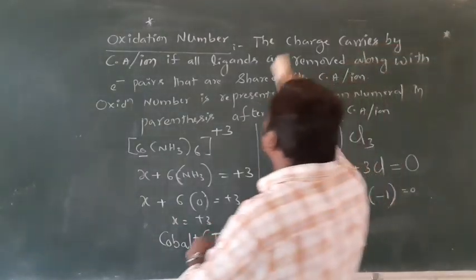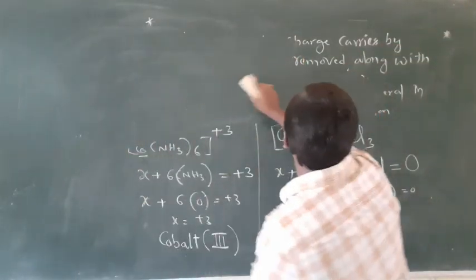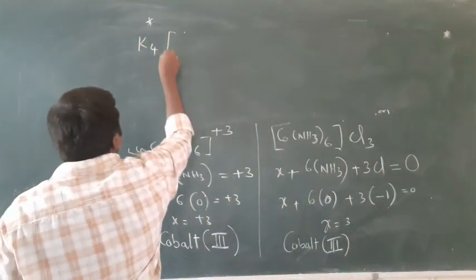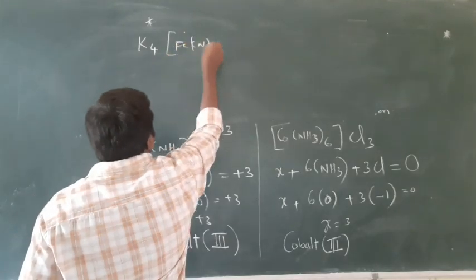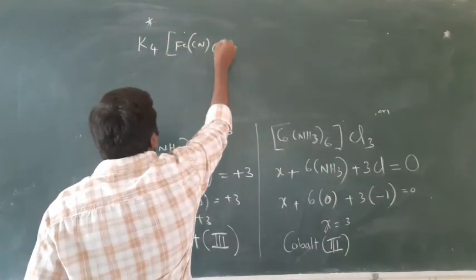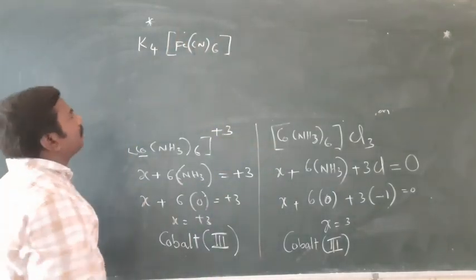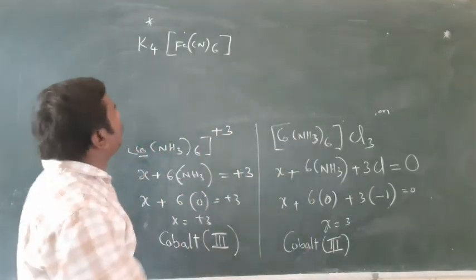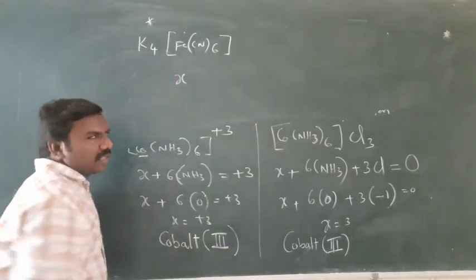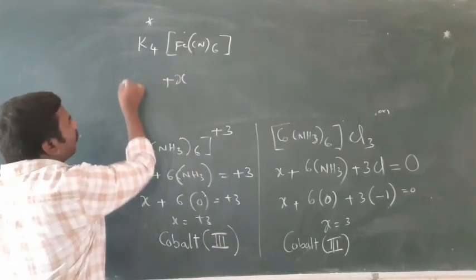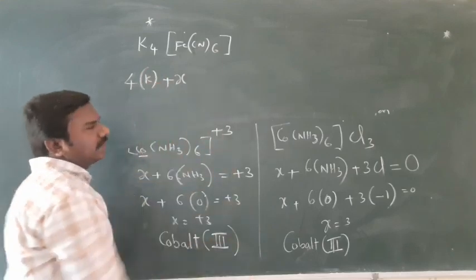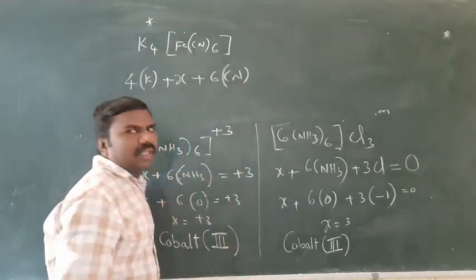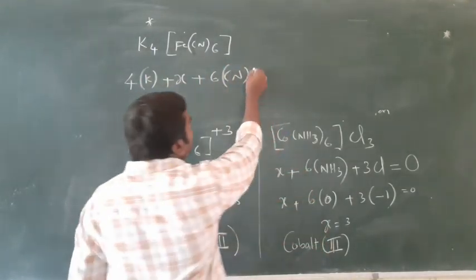So the next example is K4[Fe(CN)6]. Now the central atom is iron. The central atom must be in the square bracket. The iron oxidation state we don't know, considered as X. Outside 4 potassiums are there. Inside 6 cyanide ions are there. There is no charge on this complex, so that is equal to 0.